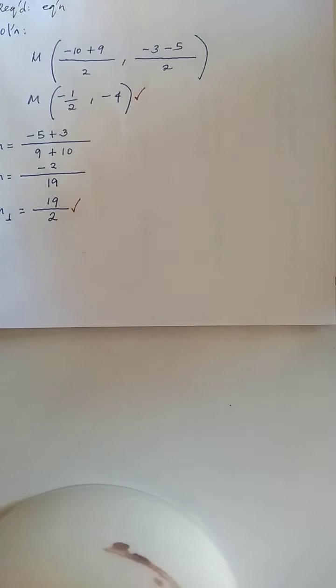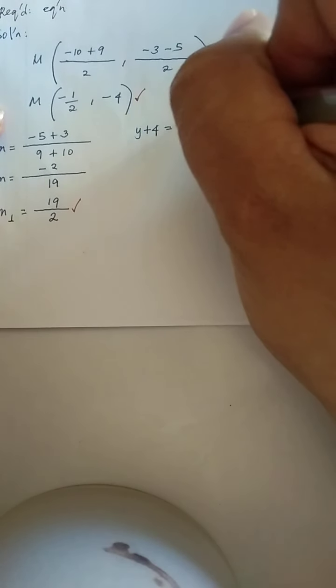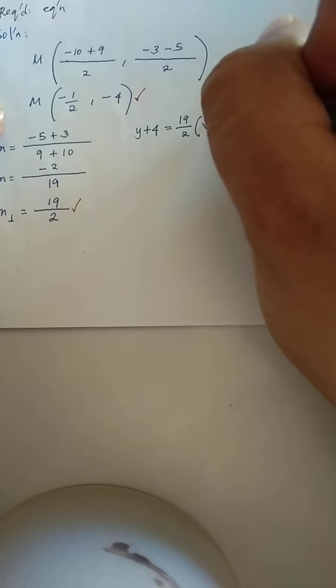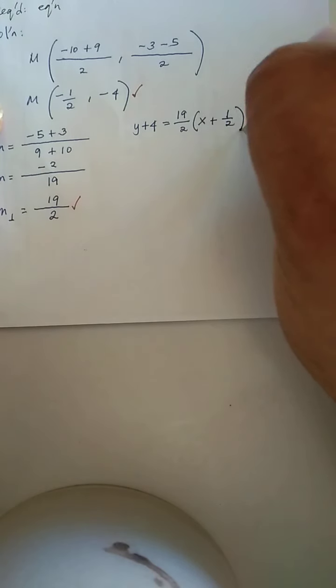So now we have a point on the perpendicular bisector, that's the midpoint, and its slope. So use the point-slope form. y + 4 therefore is equivalent to 19/2 (x + 1/2). Let's simplify. Multiply both sides by 2, and while we're at it, distribute the 19.